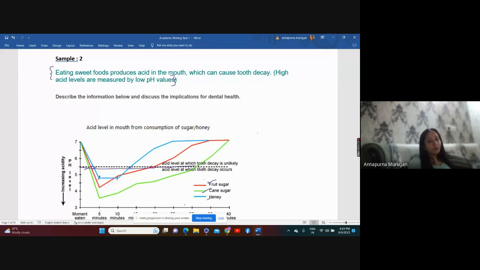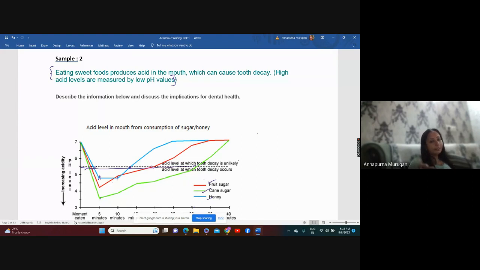That means 5 to 25 minutes, 5 to 30 minutes it is there. So that means who is posing more threat? The more threat is posed by our cane sugar, whereas honey is posing very less threat. So from the initial analysis, I can say that the consumption of honey comparatively poses less threat of tooth decay.